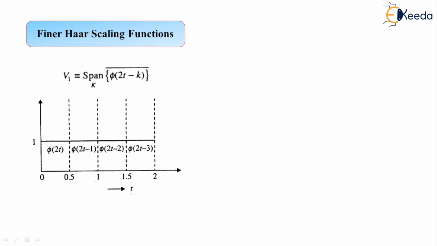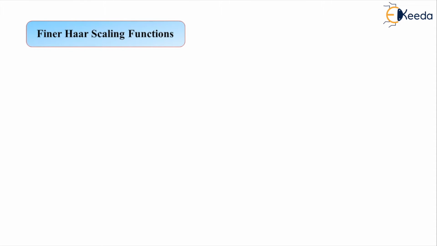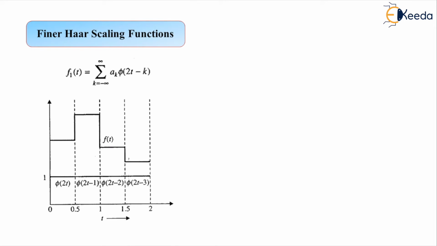Any signal in this functional space can be written, in general, as f1 of t, which is equal to the summation, as in the earlier case, for k equal to minus infinity to infinity, of ak multiplied by phi of 2t minus k.